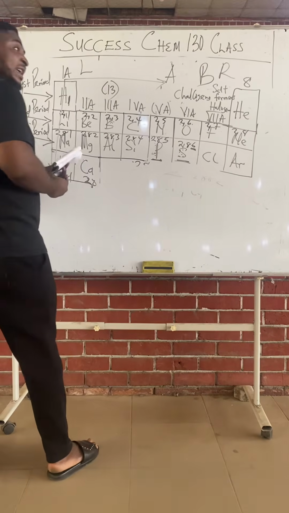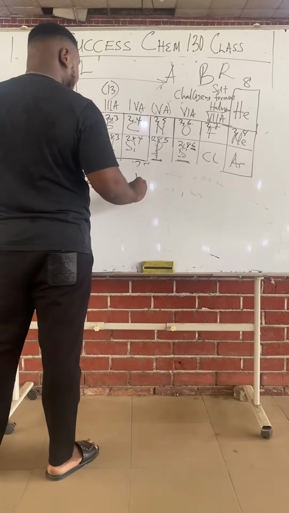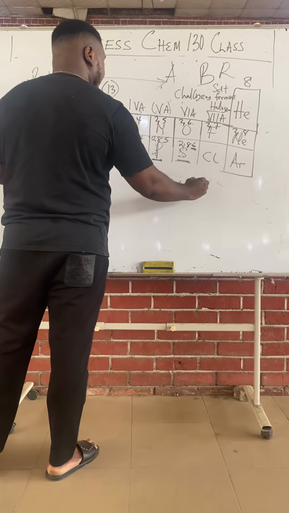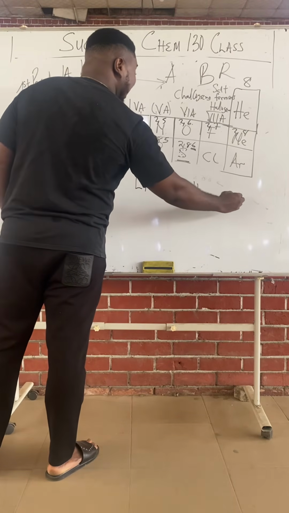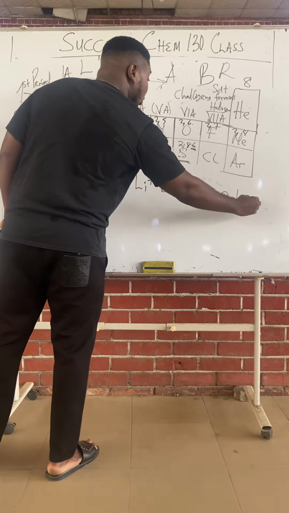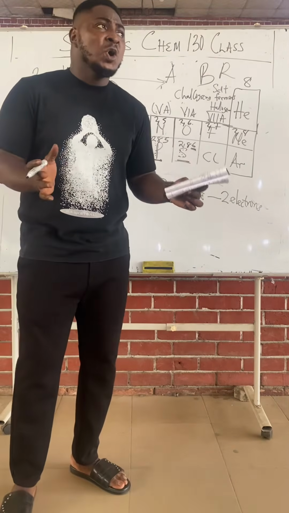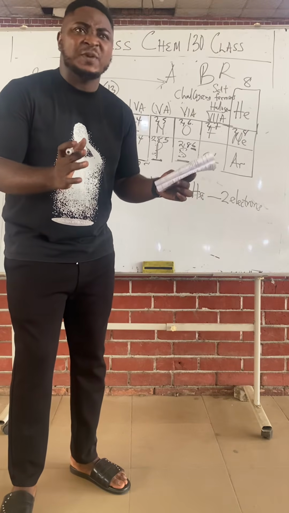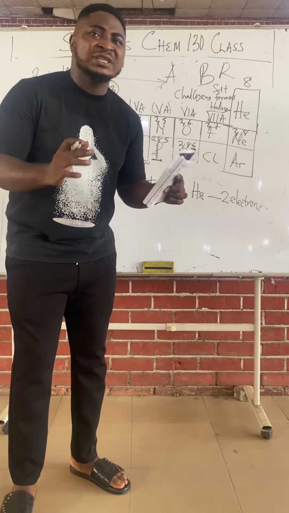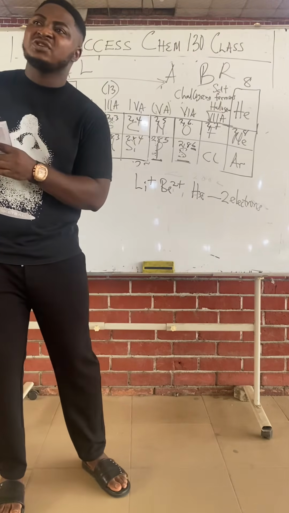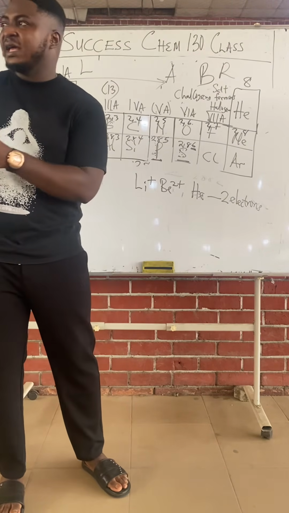Example of isoelectronic species: lithium plus, beryllium 2 plus, helium. All these have 2 electrons, so they are isoelectronic. When you have 2 or more species with the same number of electrons, they are called isoelectronic.